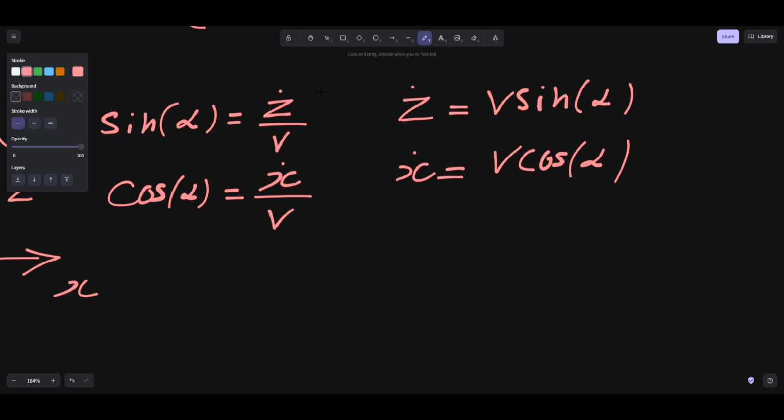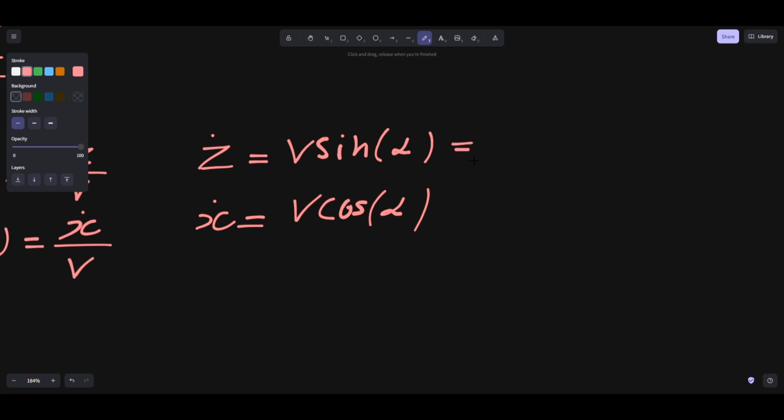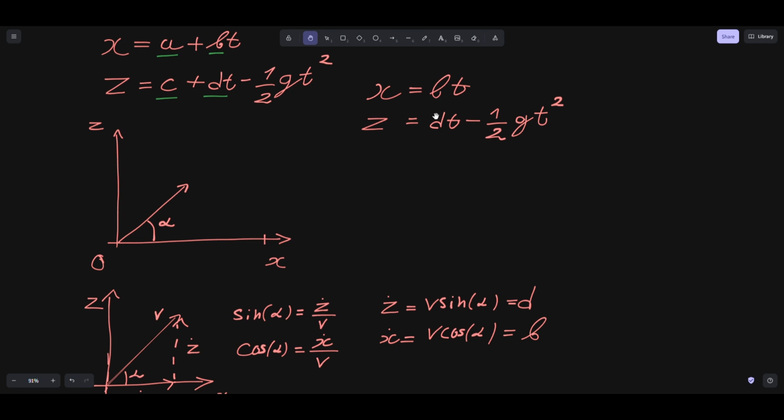And these equations, as we have mentioned multiple times, this one is actually equal to D, and this is equal to B over here.